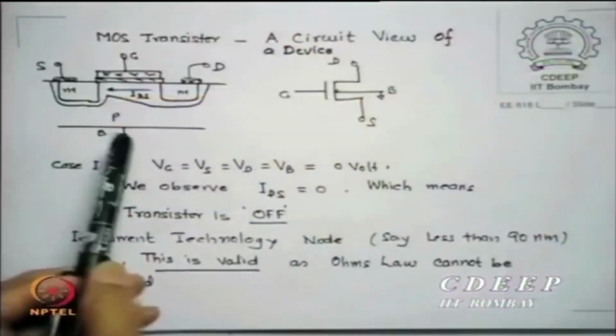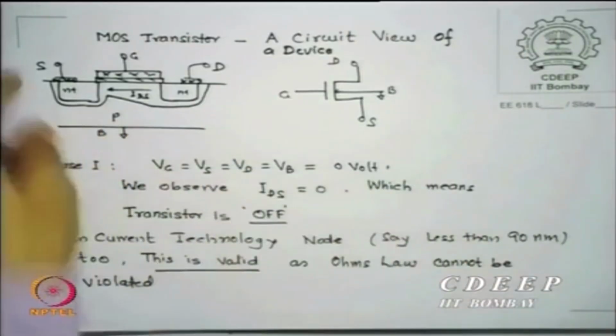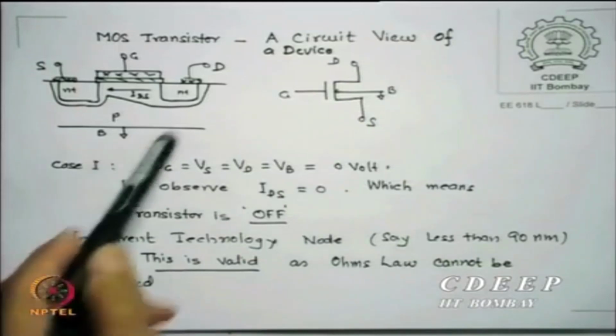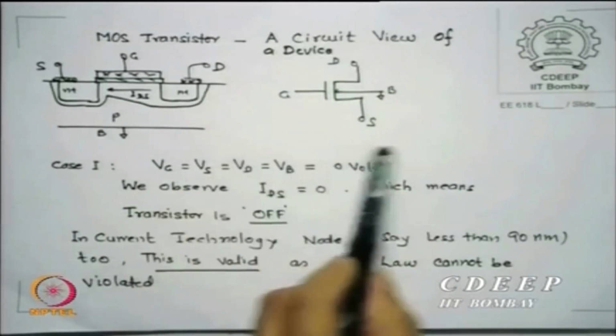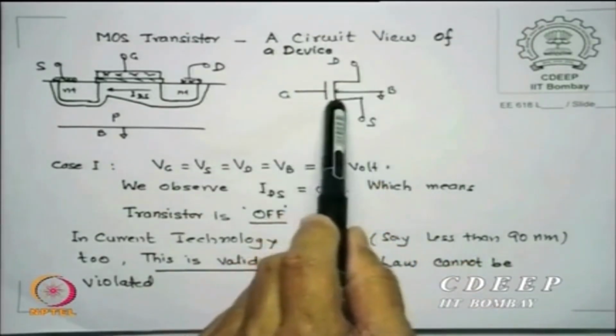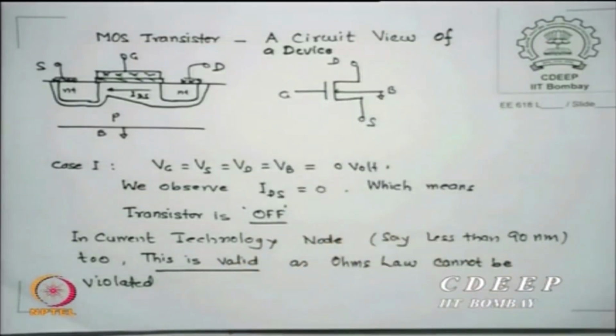So this is my gate, and there is a substrate contact which I call bulk B, sometimes I call it S once in a while, but since source is S, let us call it bulk. So there are four terminals in a MOS transistor. If you show an equivalent circuit for that, this is drain, this is source, gate is separated from this because of the insulator, and this is my bulk contact.